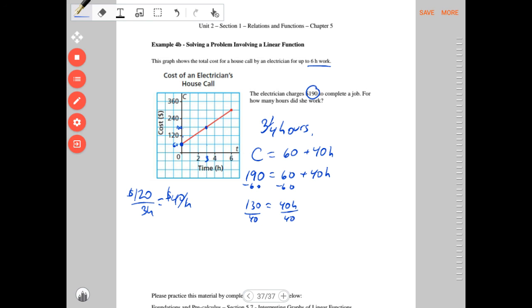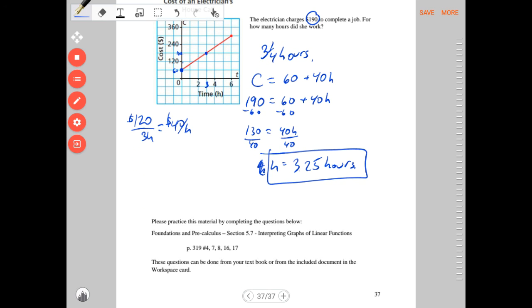So 130 divided by 40 works out to the time of 3.25 hours. So 3 and a quarter, that was pretty accurate from this graph. Either way, we got 3 and a quarter hours, or 3.25 hours. That is it for this section.